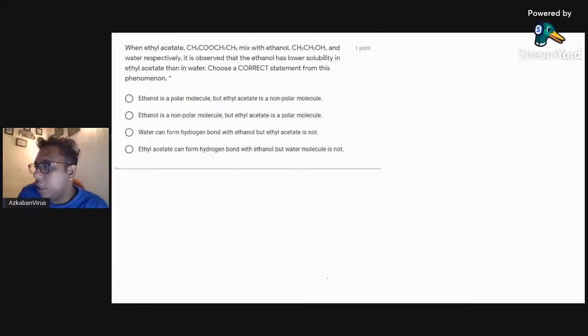Okay, ini ethanol, dia ada benda ni. Dia boleh buat hydrogen bond.